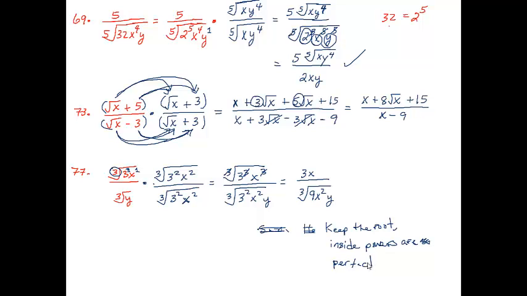Keep the same root, but you're going to multiply it so that the inside powers are a perfect nth root.